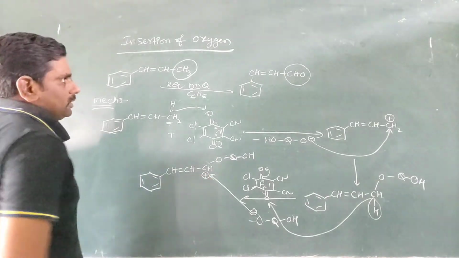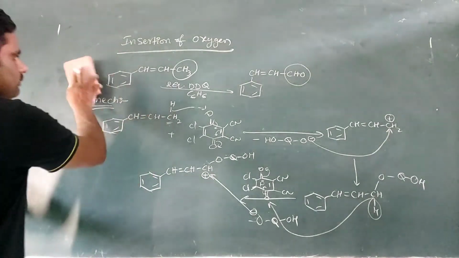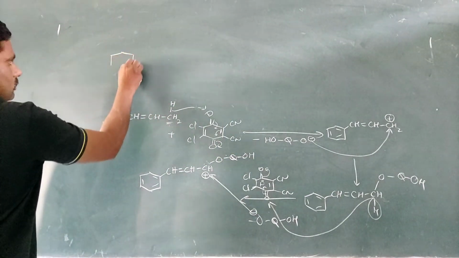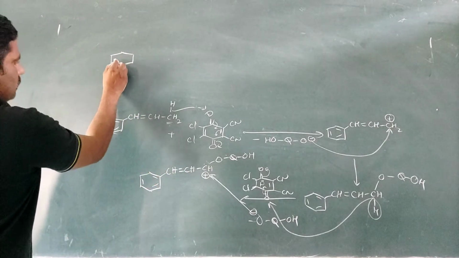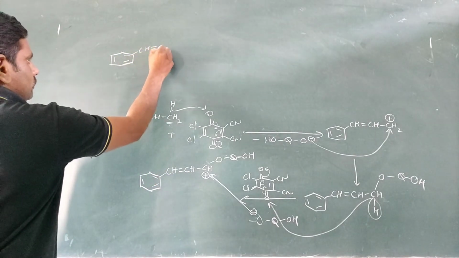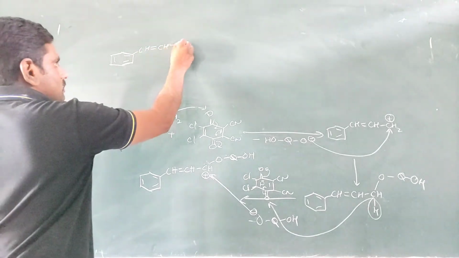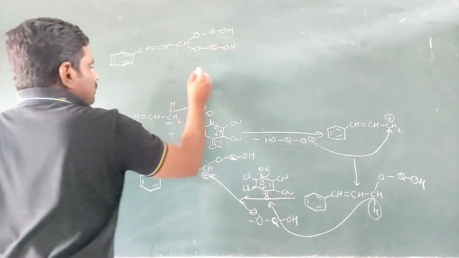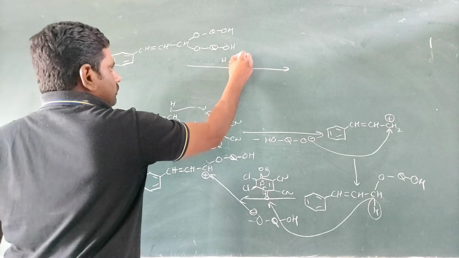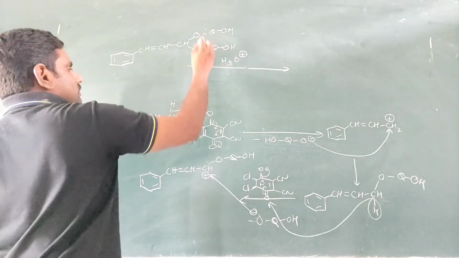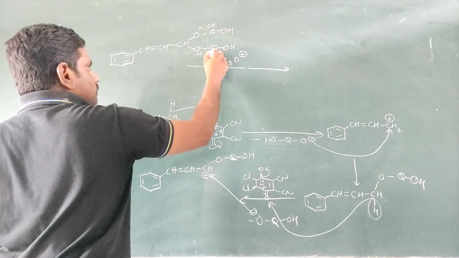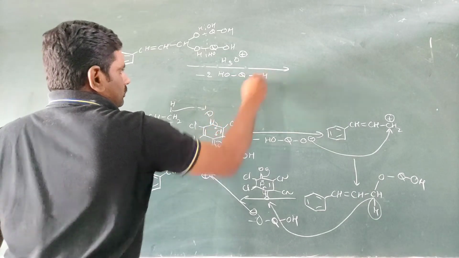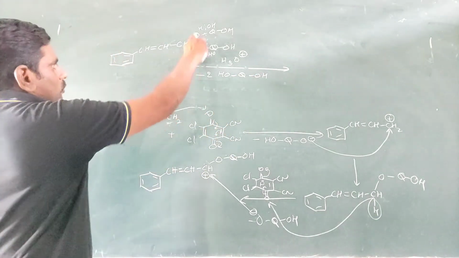Another part of this molecule reacts. See, I am writing here. So after the attack of the second equivalent of DDQ, it is followed by hydrolysis. What happened? Hydrogen, OH, two equivalents of byproduct are formed. Both OHs are there.